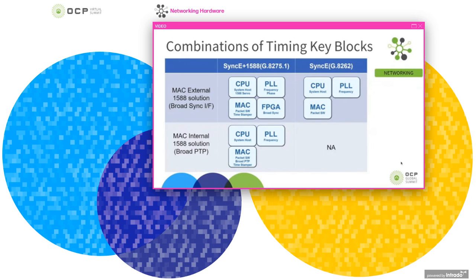We still keep a PLL outside the MAC because we are running 1588 for 4G time support, so we use a PLL to maintain the frequency, and the phase and the time we will keep in the MAC for the internal solution.